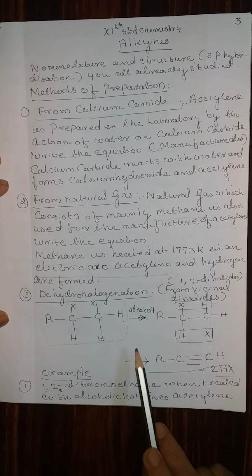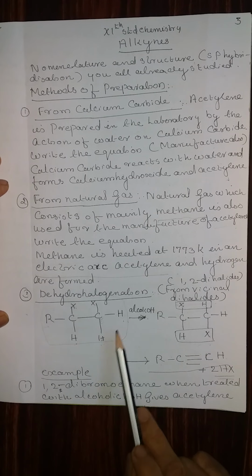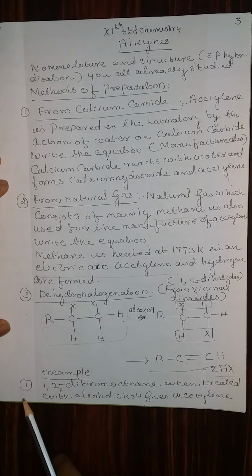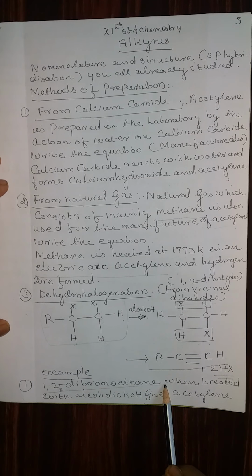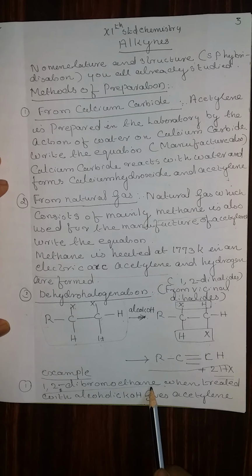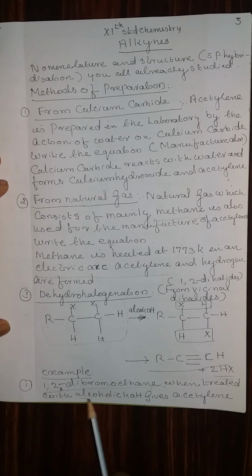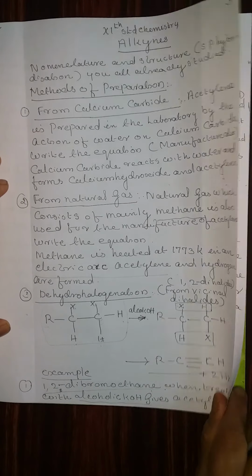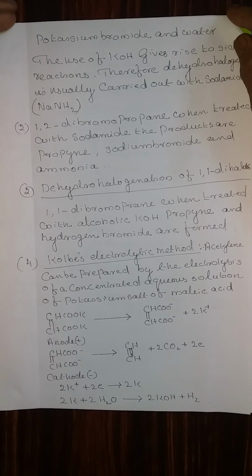Now come application level questions. How to prepare based on this. 1,2-dibromoethane. Write the formula of 1,2-dibromoethane. When treated with alcoholic KOH it gives acetylene, potassium bromide and water.